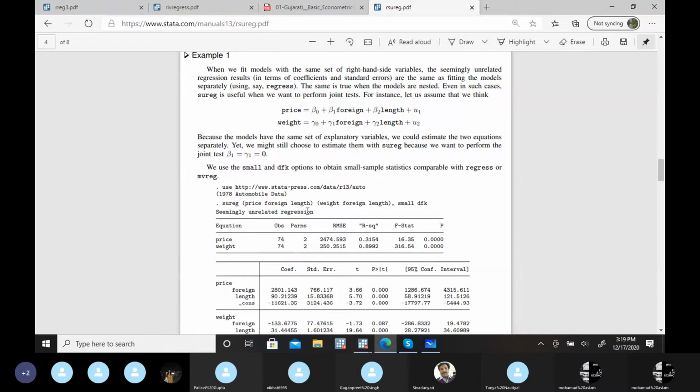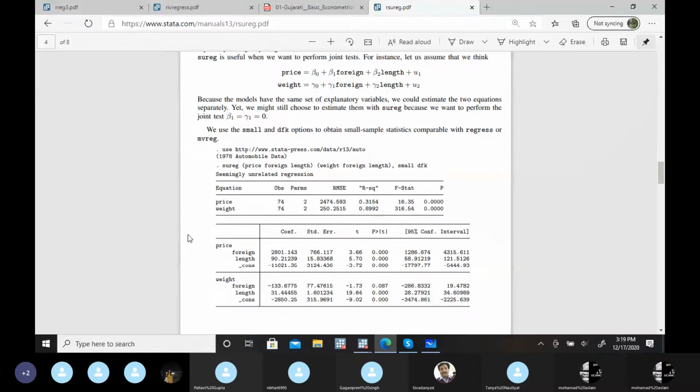Although it won't much affect the results, it's still preferable that we apply this seemingly unrelated regression process. This is a different process than the simple OLS process. If you want to go into detail, you can read about Zellner's process of seemingly unrelated regressions. There are only one or two adjustments beside the simple OLS process, but it's more preferable.